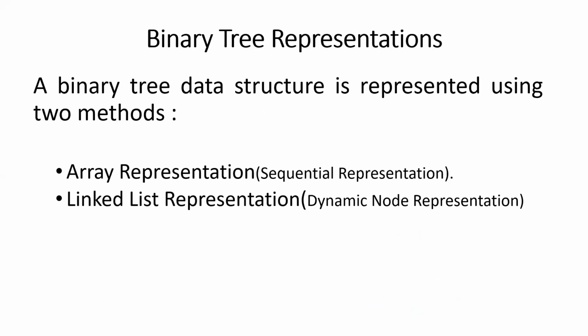So as we have seen for all other data structures till now, a binary tree can also be represented or implemented in computer memory either using array representation or linked list representation. Linked list representation helps in making a dynamic binary tree, right?